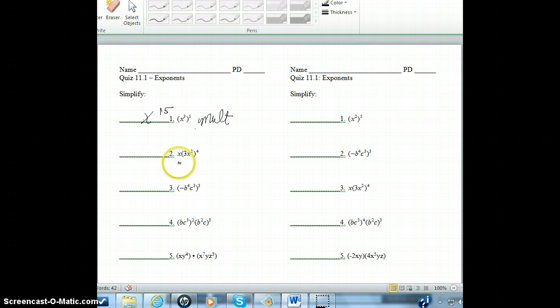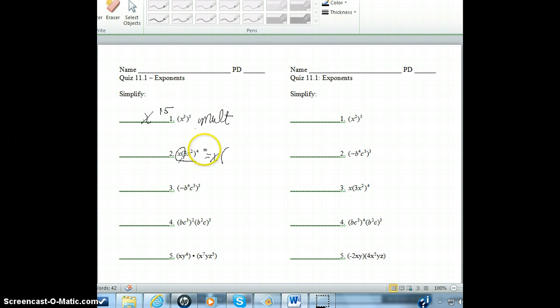Now number 2. We have this problem here. If we notice, this part in parentheses is raised to the fourth power. So what does that mean? That means that everything inside the parentheses is raised to the fourth power. But we still have this x here at the beginning, so we just recopy it, and we still open our parentheses.